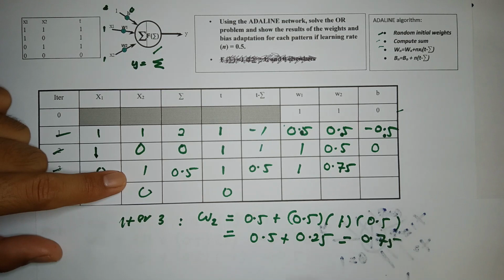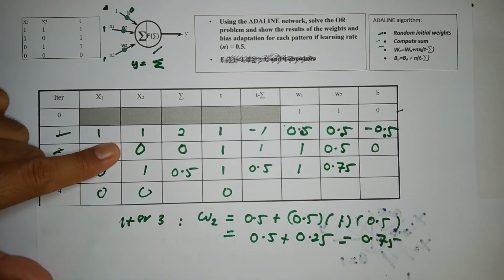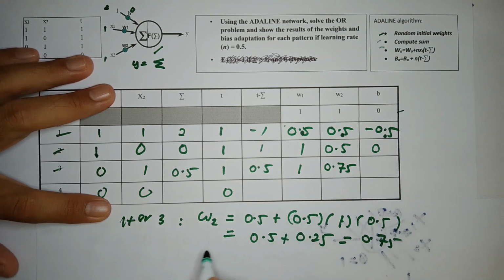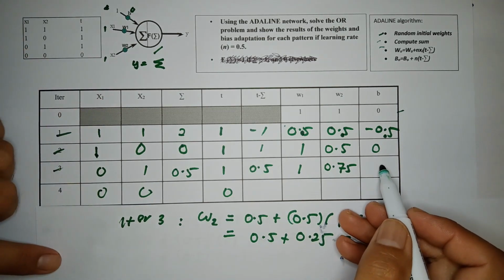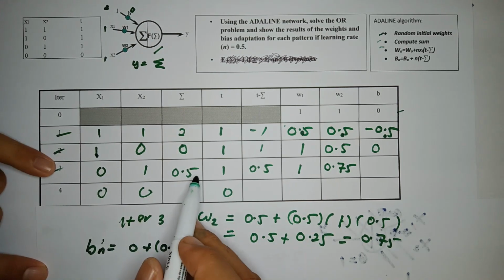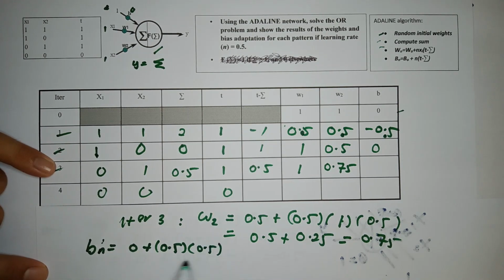So the next part is the bias adaptation. In this case, B new equal to B old, which is 0, plus 0.5, and then t minus summation 0.5. So in this case it will be 0.25.